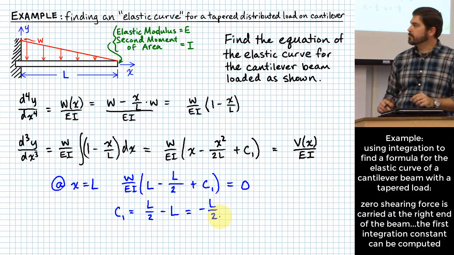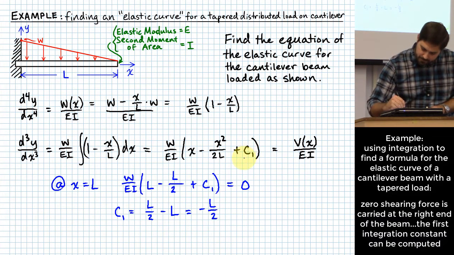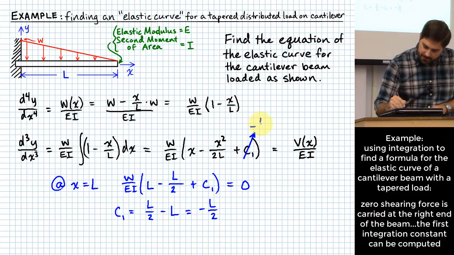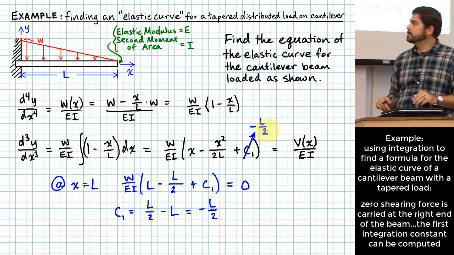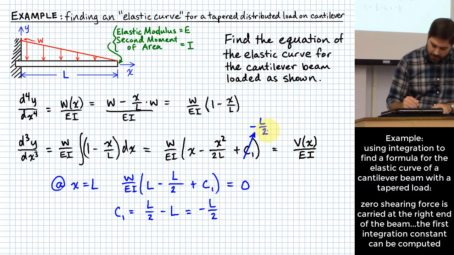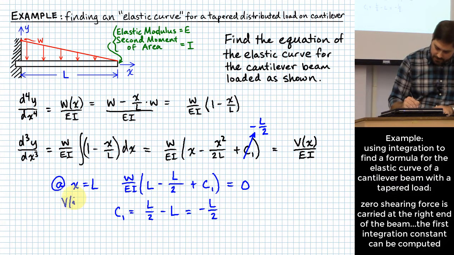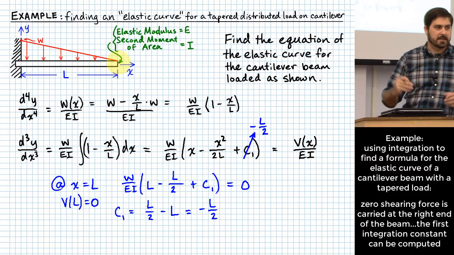And so what does this function up here become? C1 is now negative L over 2. That was because at x equal L, our shearing function at L we know is 0, because that's the end of the beam, and there can't be any more shearing force once you get to the end of the beam.